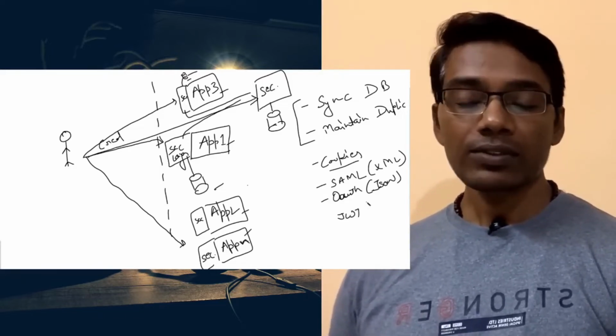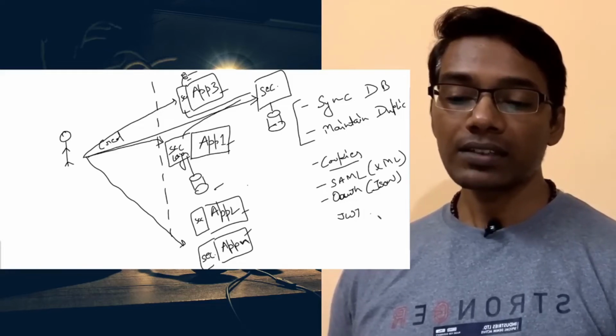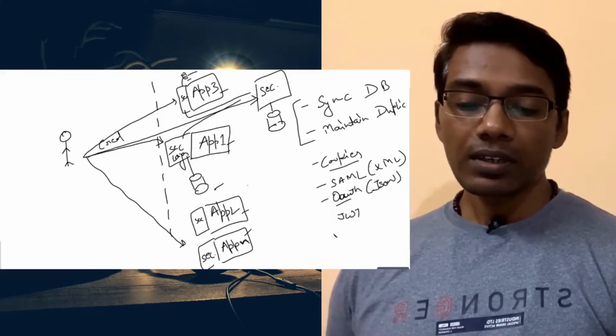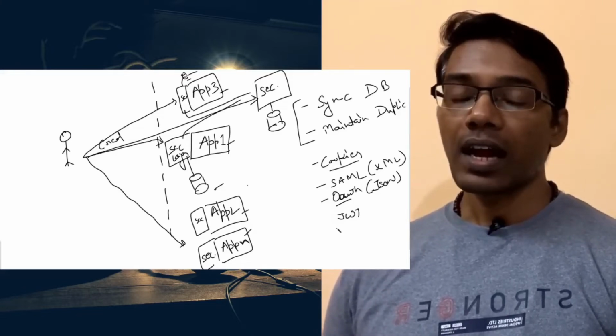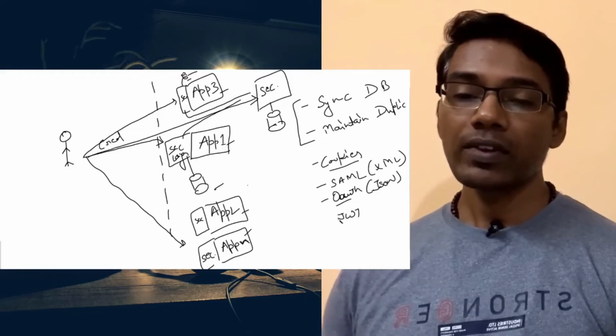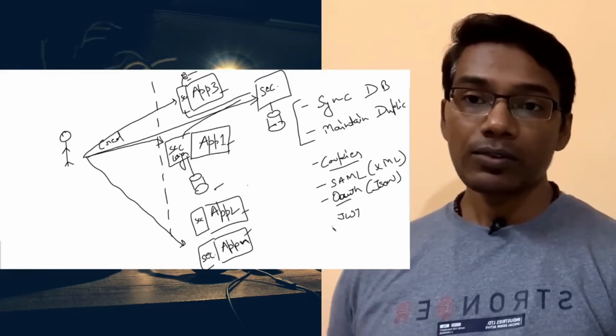So in the subsequent request, you can pass the JWT token, and you can access any of these applications. Okay, so far so good, but there are a number of implementations in OAuth itself. There are a number of variations or flavors of OAuth present nowadays. So let's talk about OAuth also.